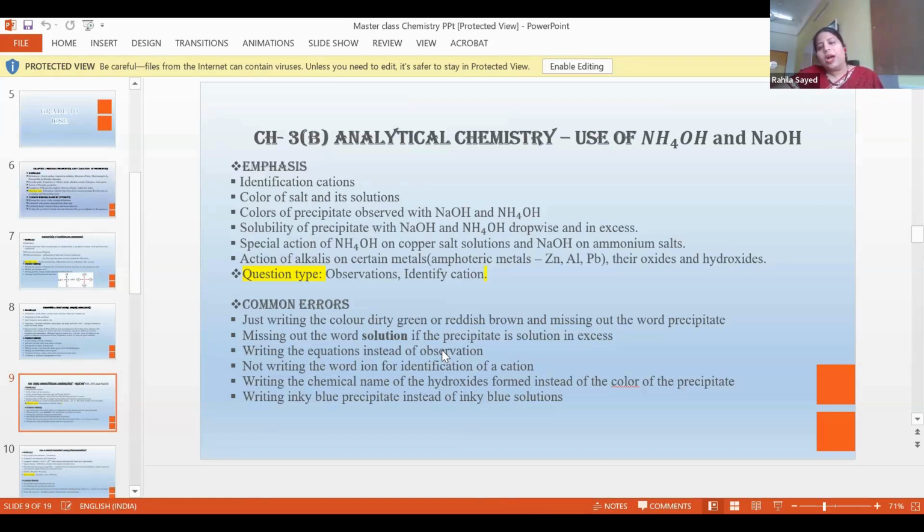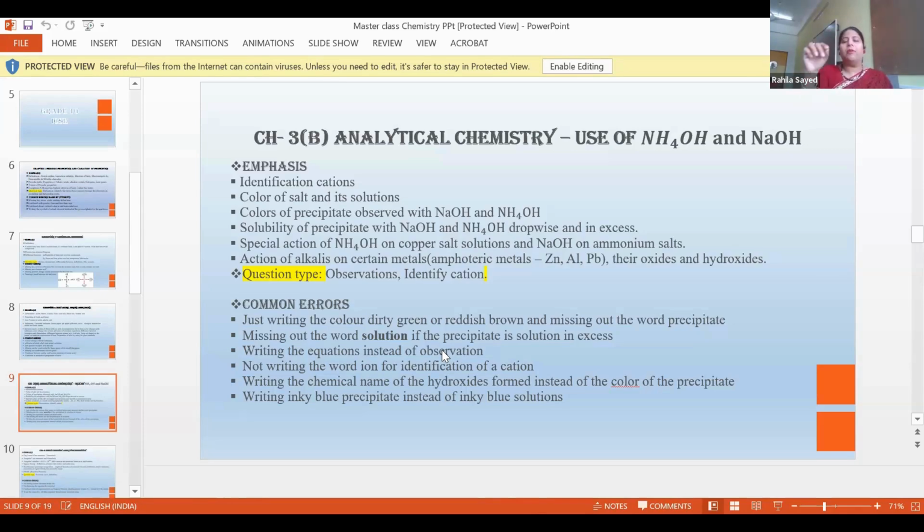Here you need to understand what is the change when we are adding sodium hydroxide or ammonium hydroxide dropwise and then in excess. So we all know that a precipitate will be formed, but the solubility of that precipitate in excess of ammonium hydroxide or sodium hydroxide is very important. We need to know that.